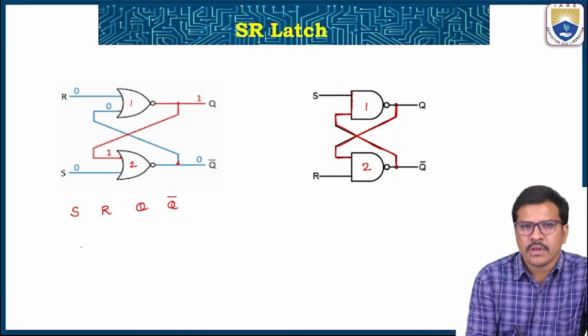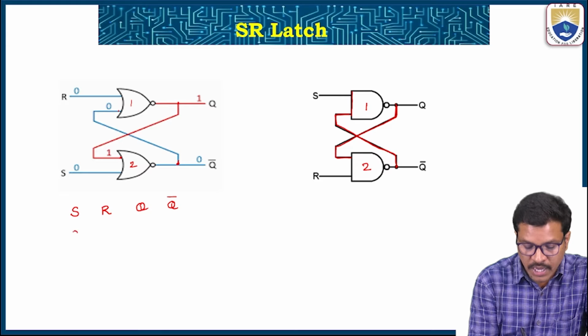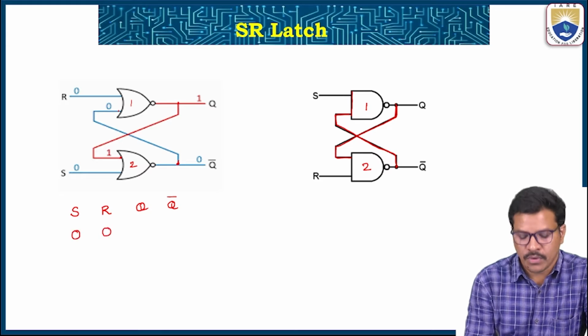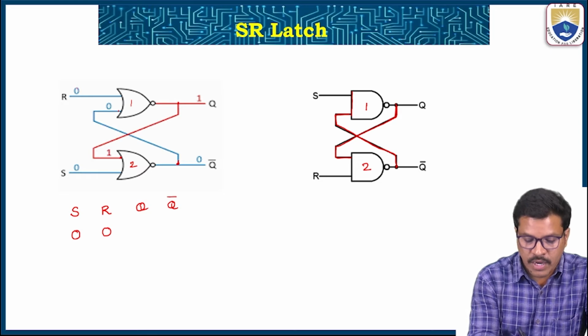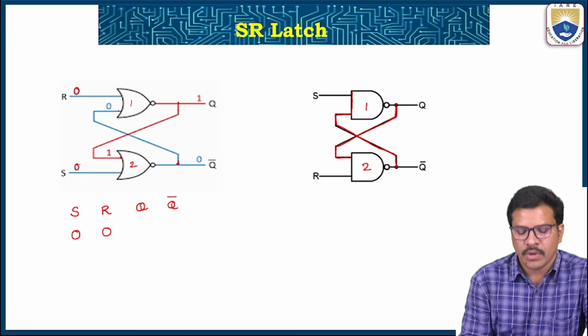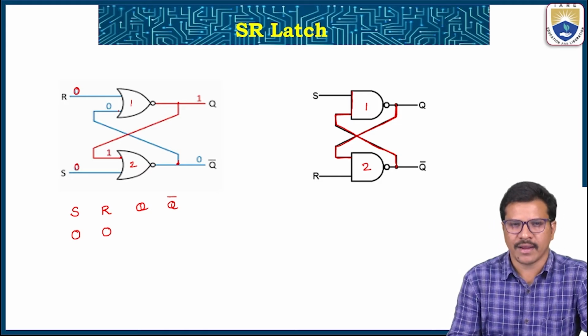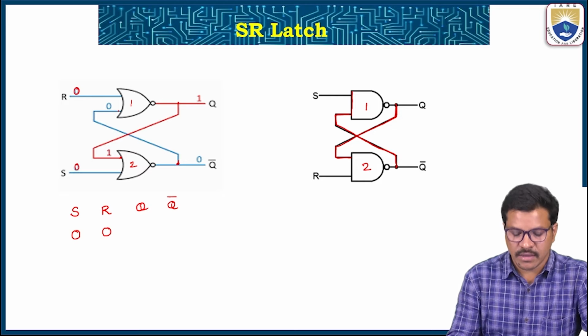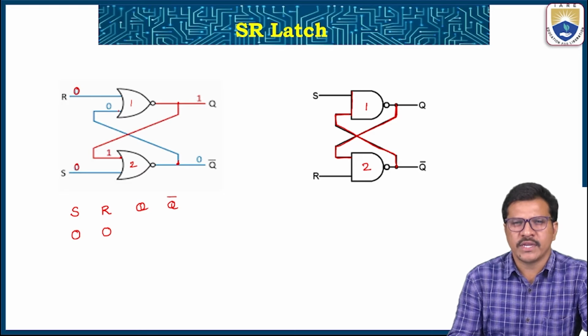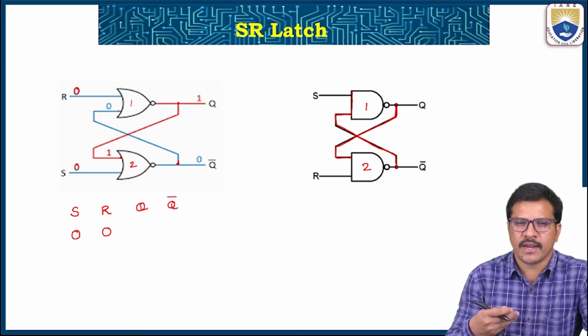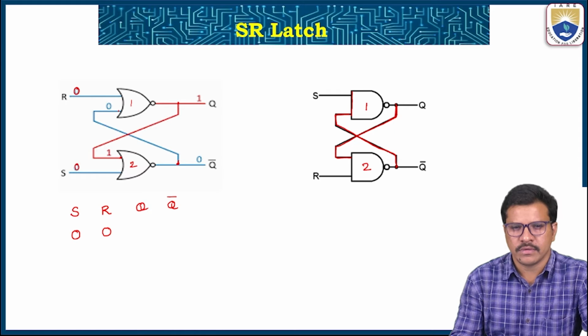So here, when I am considering S = 0, R = 0, we can't say what the output of the NOR gate is, because a NOR gate is logic 1 enabled. When one input is 1, it automatically enables the output.